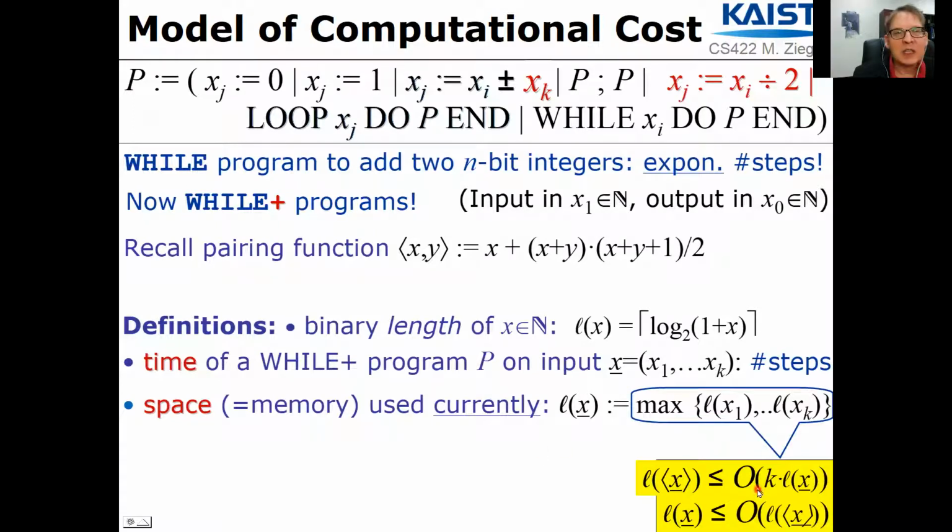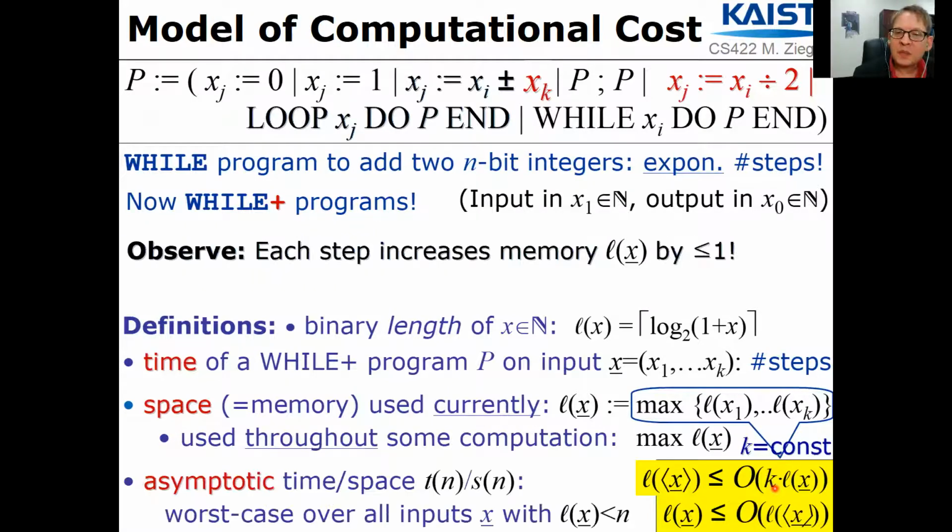And the new definition of the binary length of a tuple now is related to the binary length of the encoding, the combination of all the variables into one single natural number, up to this constant vector k. Constant because k denotes the number of variables, and the number of variables of a while plus program does not change, does not depend on the input, and therefore is a constant.